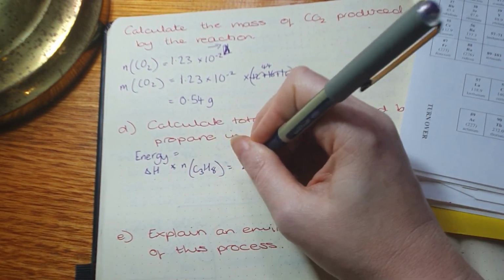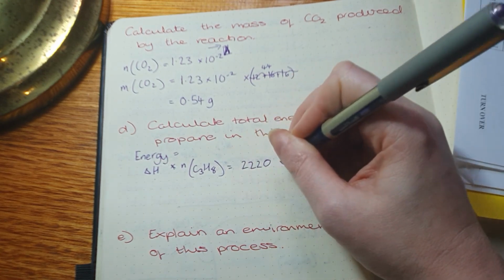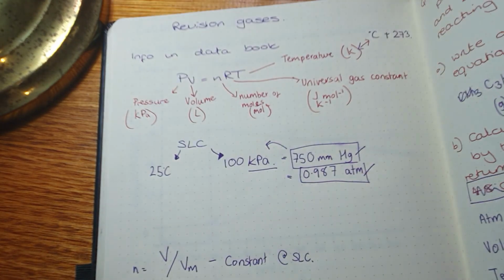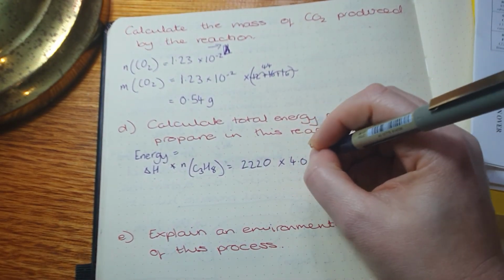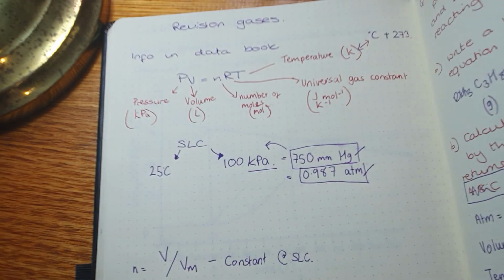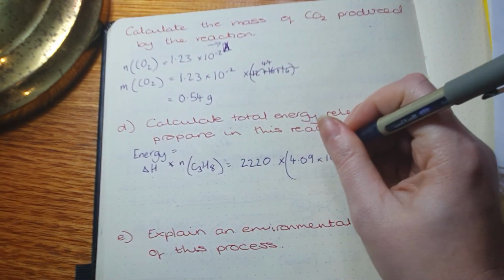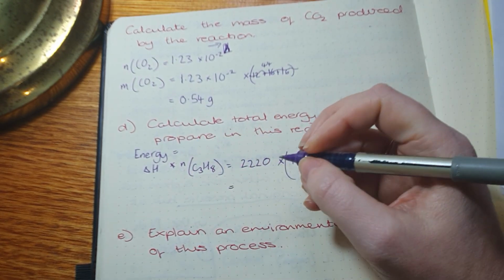So we times that by our number of propane moles, which was 4.09 times 10 to the minus 3, which gives me this.